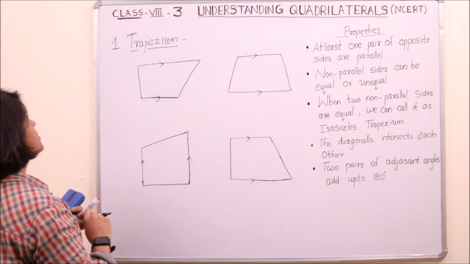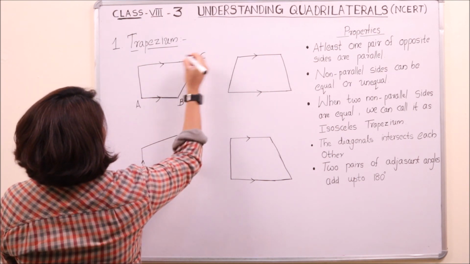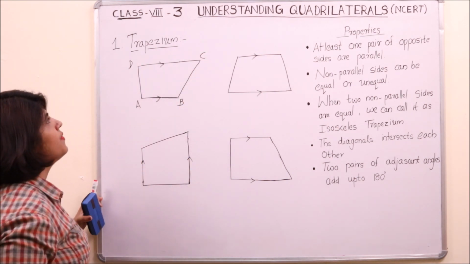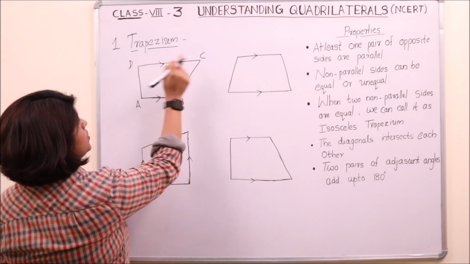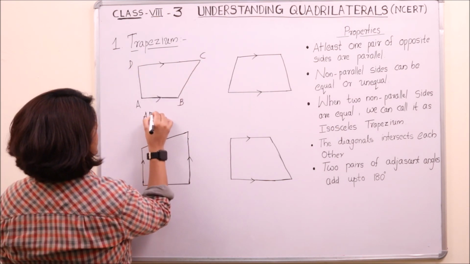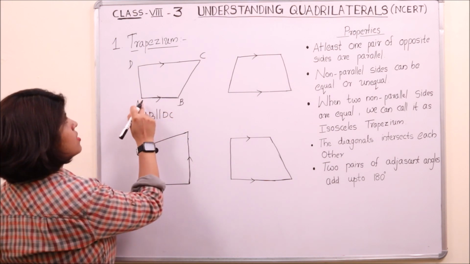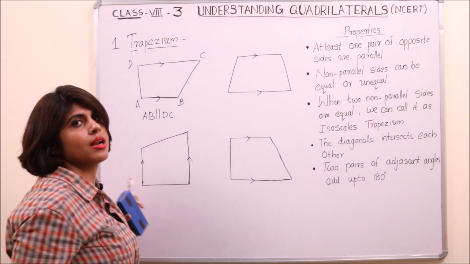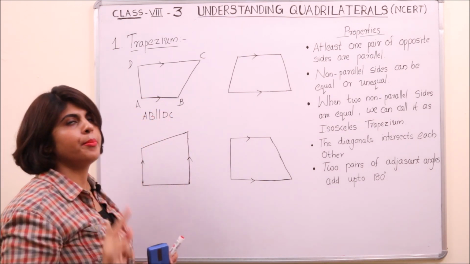Here, if we are considering the first trapezium, we are naming it ABCD. Then we can see that AB is parallel to DC, right? But here we cannot say AD and BC are parallel. So at least one pair of opposite sides should be parallel.